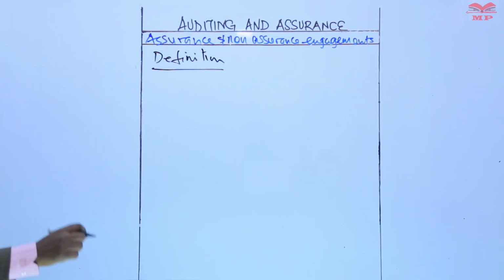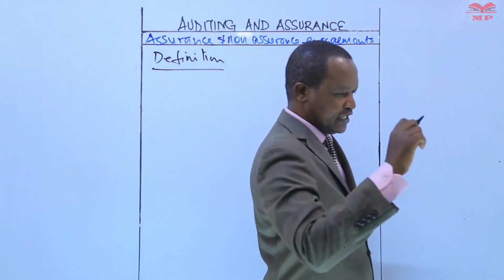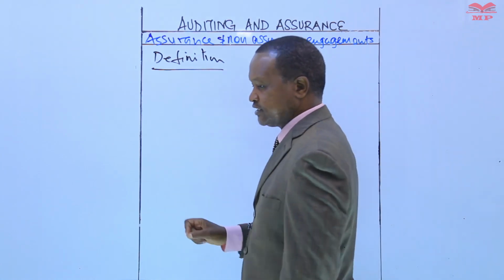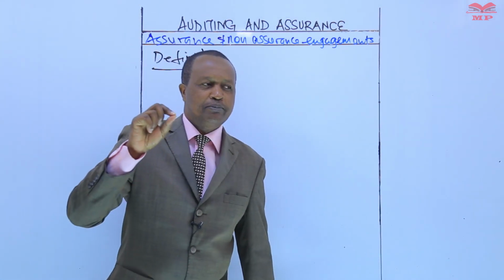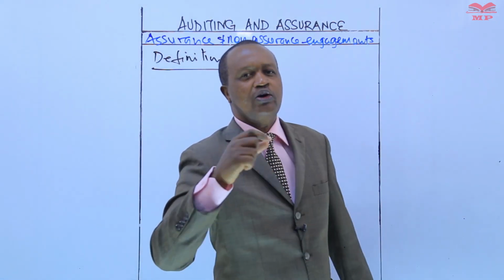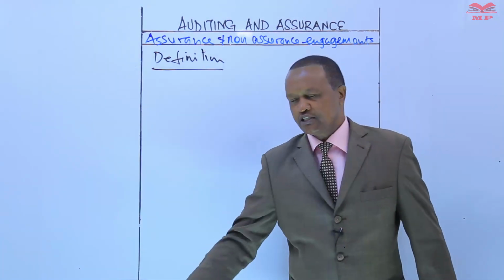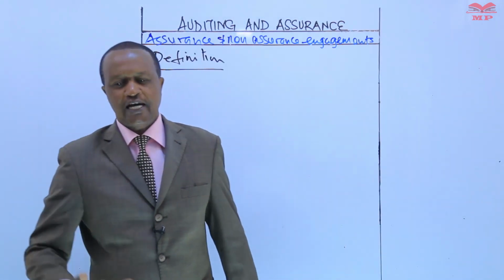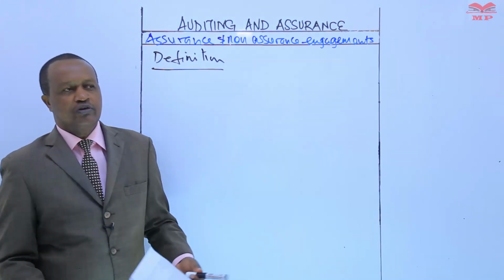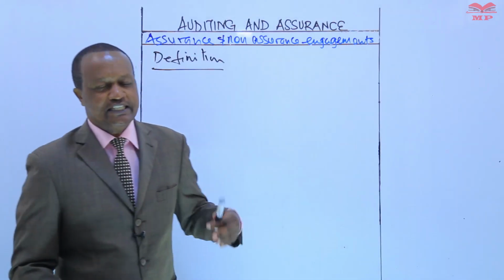Definition of assurance engagement. Now, candidates, an assurance engagement is an independent professional service in which a practitioner, such as an auditor, expresses a conclusion designed to enhance the degree of confidence of intended users other than the responsible party about the outcome of evaluation or measurement of a subject matter against a criteria.